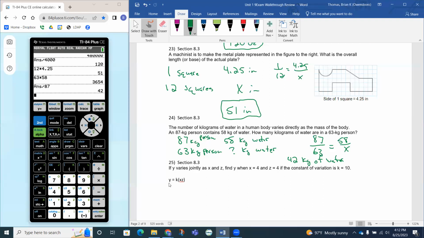We have this equation here where k is the constant of variation, so we just substitute into it. y equals 10 times x, which is 4, and z, which is 4. 4 times 4 is 16, and 10 times 16 is 160. So y would be 160. We can just trust our little formula there for that one.